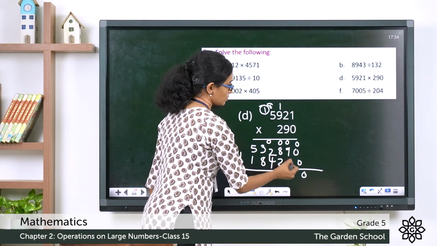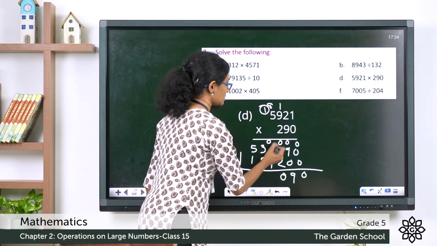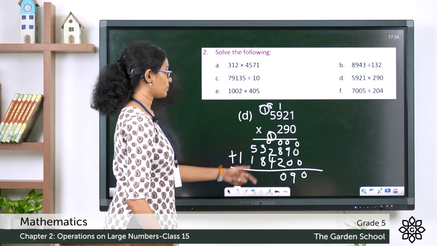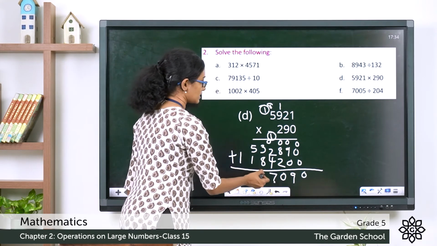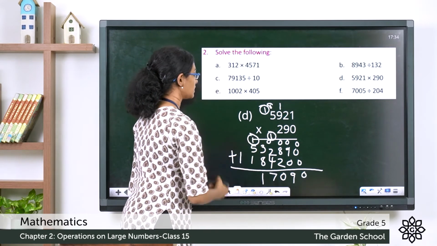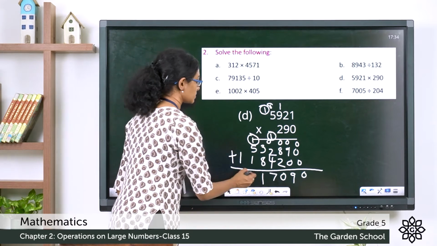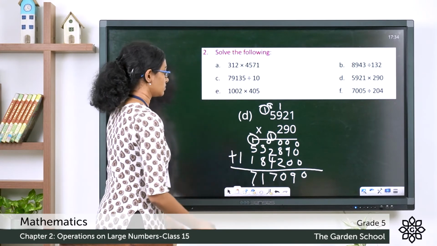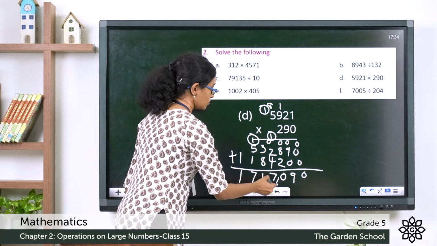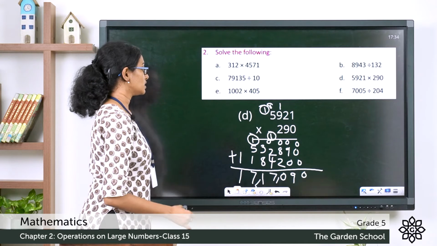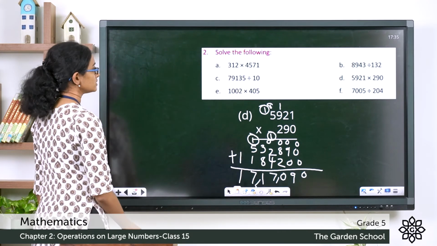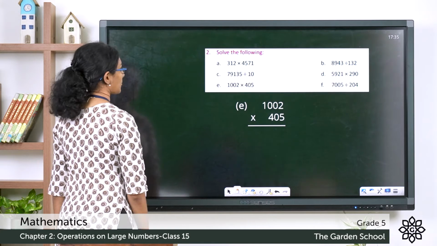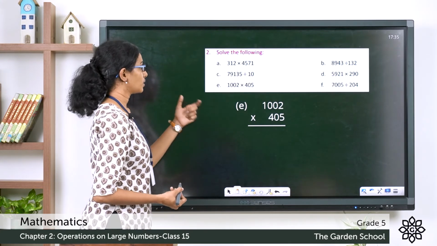Here 0, 9, 8 plus 2 is 10, carry over 1, 4 plus 2, 6 plus 1 it is 7, 8 plus 3 it is 11, carry over 1, 1 plus 5, 6 plus 1, 7. Now bringing this 1 down. So that gives you the product 17,17,090.